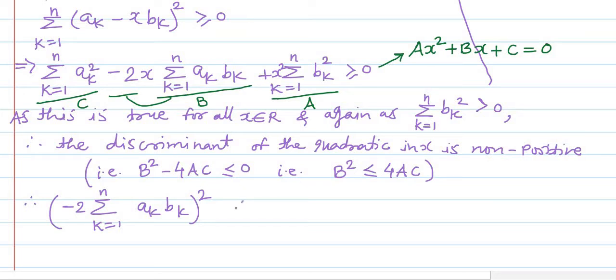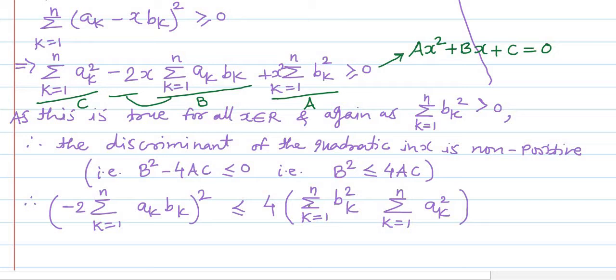So it will be less than equal to 4 into AC. What is A and C? Put their values. A means summation over k equal to 1 to n bk square, and C means summation over k equal to 1 to n ak square.